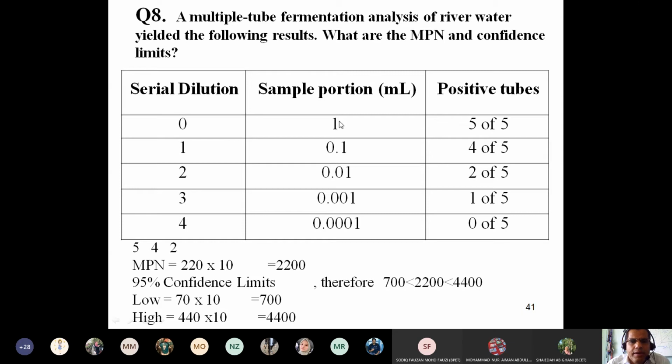I take 1 in 10 milli, or 1 in 9 milli dilution, so it will be 0.1. If I take from this sample 1 and add 9 milli of distilled water, it will be 0.01 from the original. From here I take and make dilution, it will be 0.001 from the original.